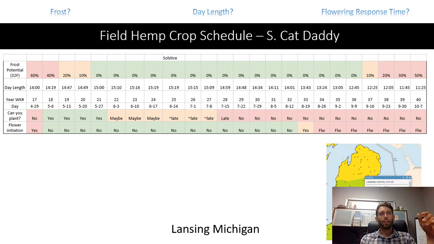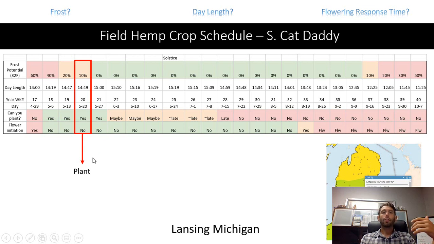What's our next option? And so then you see here we have 20% chance, May 13th, 14 hours and 47 minutes, definitely long enough to plant. But for the sake of this example, I would recommend, okay, at 10% chance of frost, let's get these plants in the ground. Your day length is definitely long enough. This is at the end of May. Let's not waste any more time to get the plants in the ground.